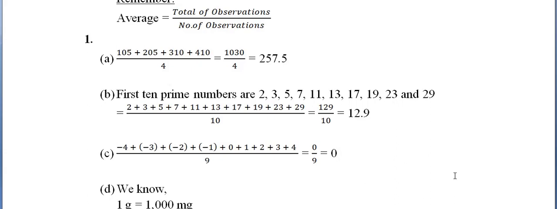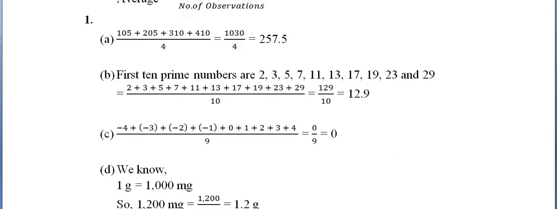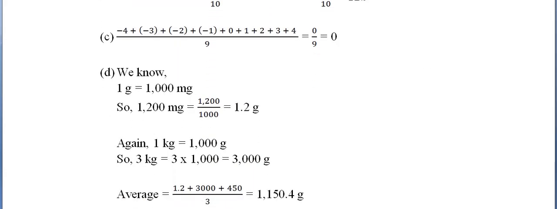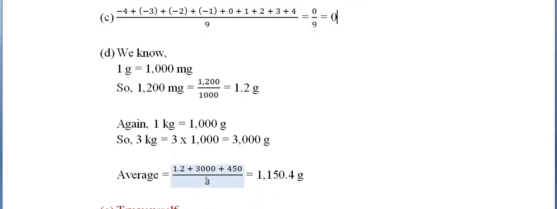In question number 1d, you are provided with 3 different quantities or observations, so you will divide by 3. We know that 1 gram equals 1000 milligram.